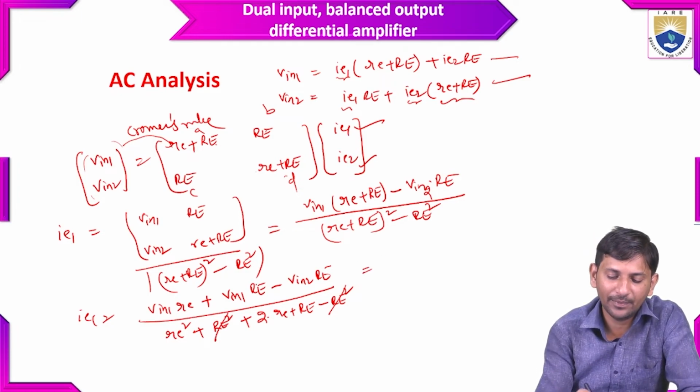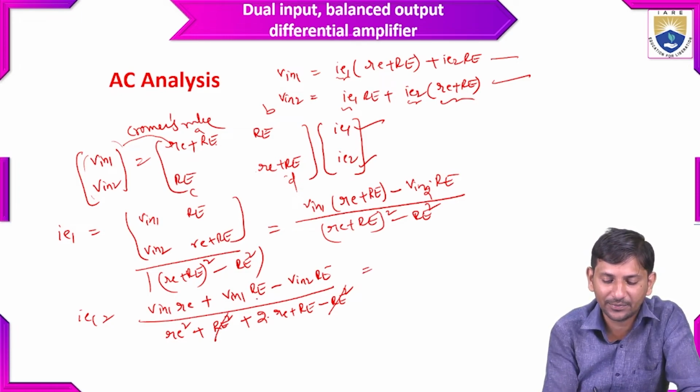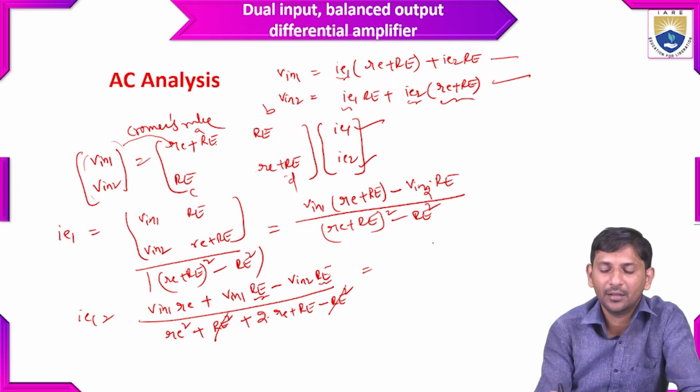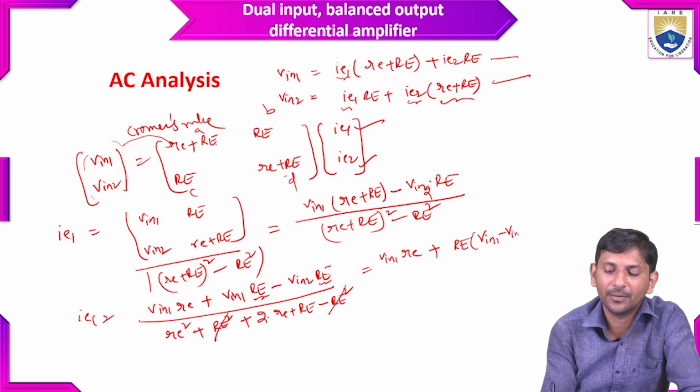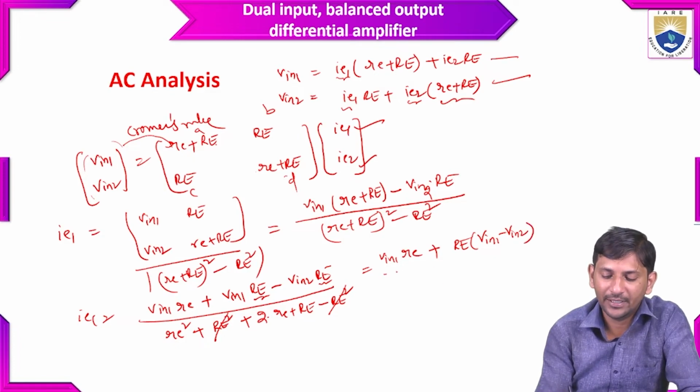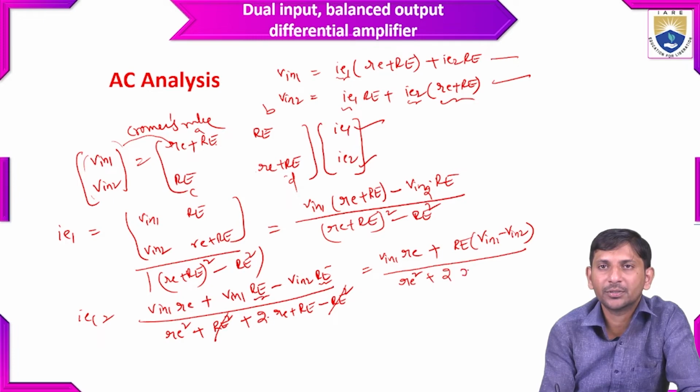Then if you observe the common terms, RE is there. So Vin1 RE plus, if you take RE common, it gives Vin1 minus Vin2 divided by RE square plus 2 into RE.